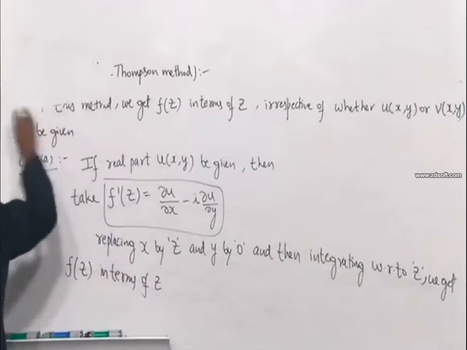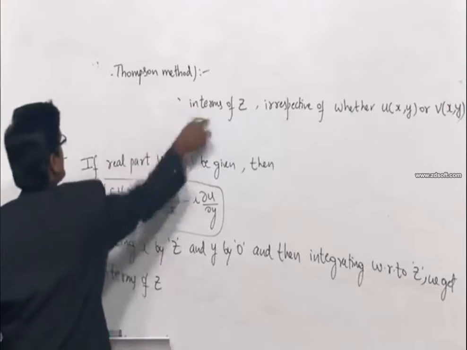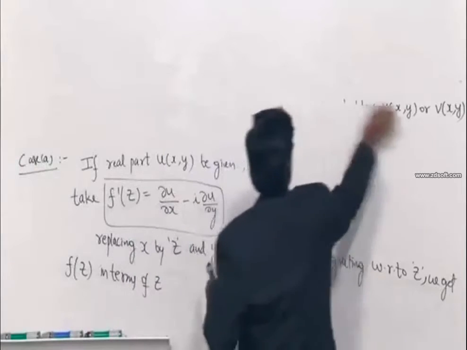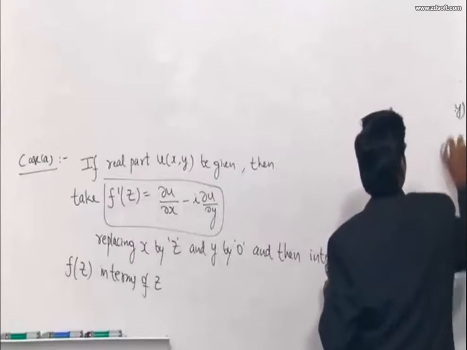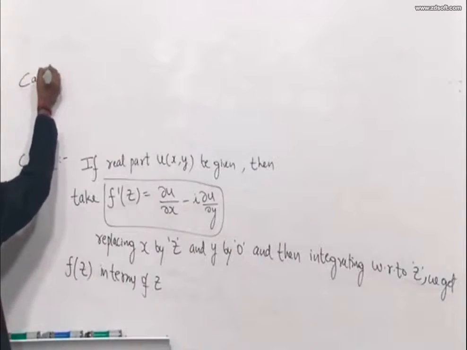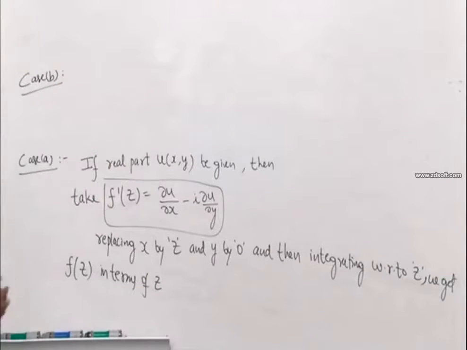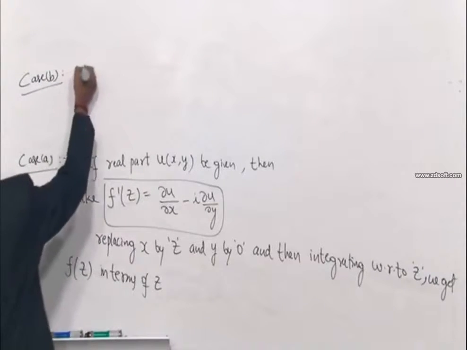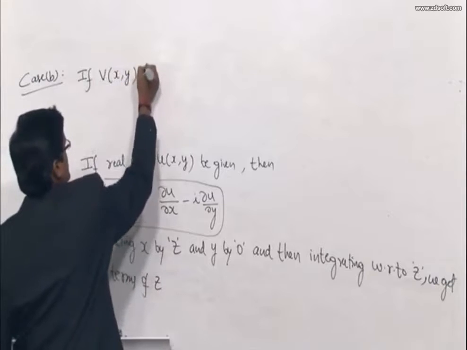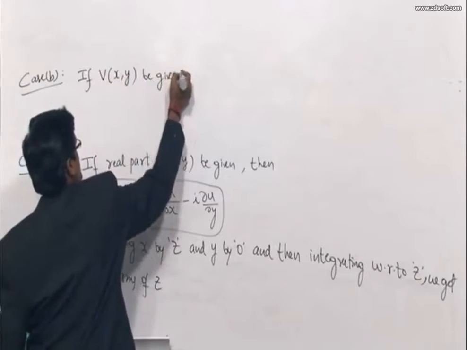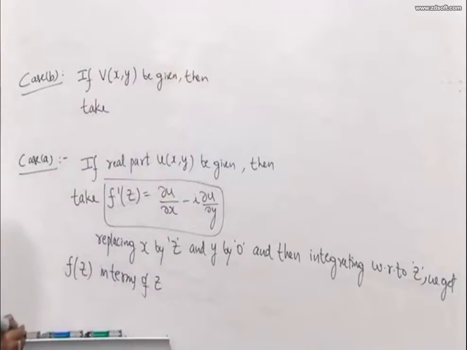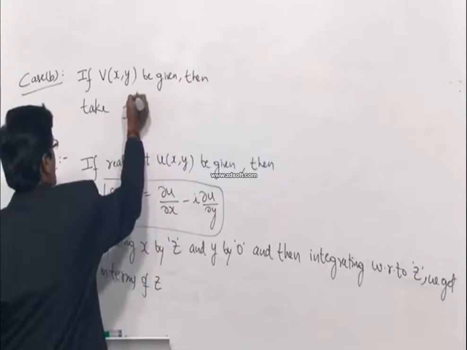Case B. If v of x, y is given, then take f dash z.